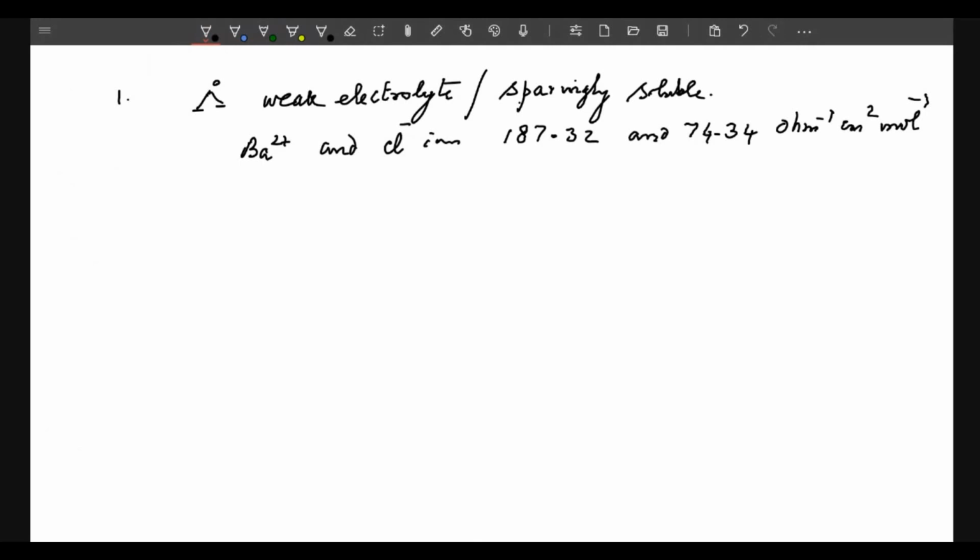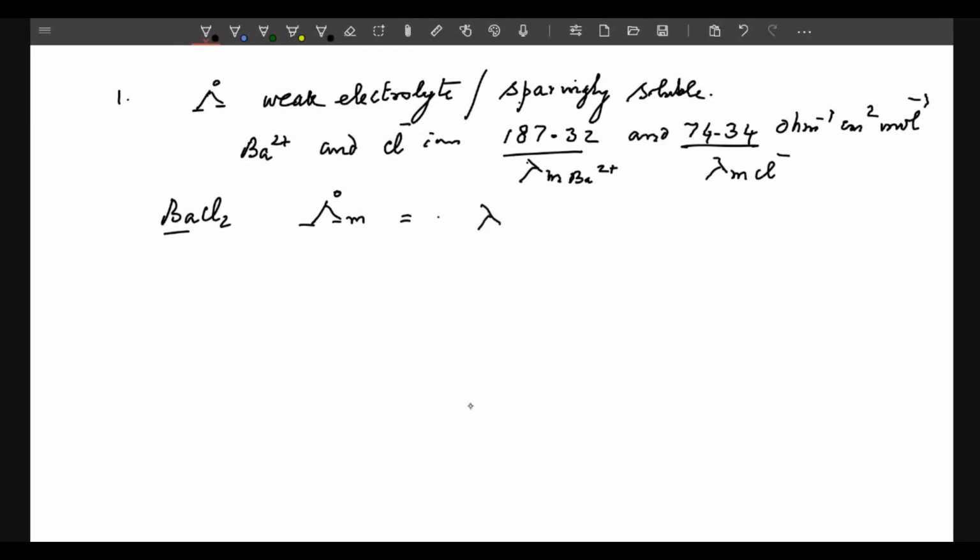Okay, first molar conductance. Which conductance is given? You should make a note of it. It is given as the molar conductance of barium, lambda m of barium 2 plus, and this is lambda m of Cl minus. Therefore, molar conductance of barium chloride can be easily calculated. Lambda m at zero concentration is equal to how many ions are there?